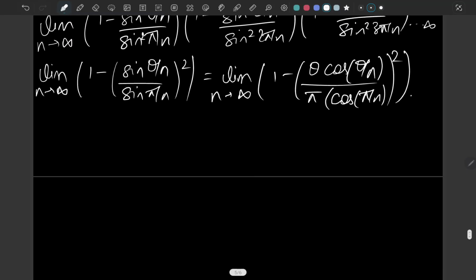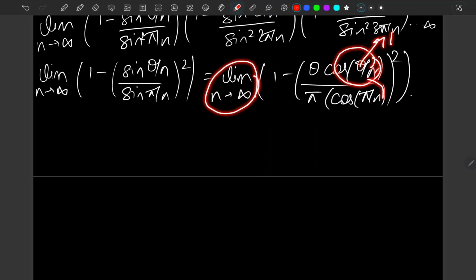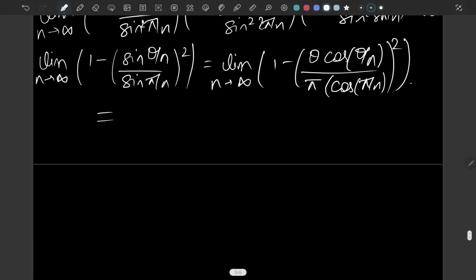When n tends to infinity, cosine of theta over n goes to 1 and cosine of pi over n goes to 1. So this limit evaluates to 1 minus theta squared over pi squared.